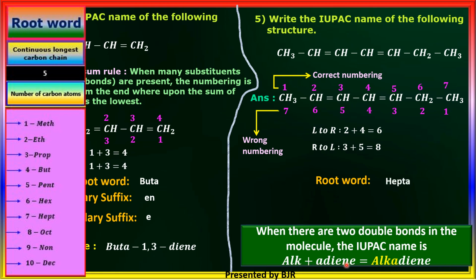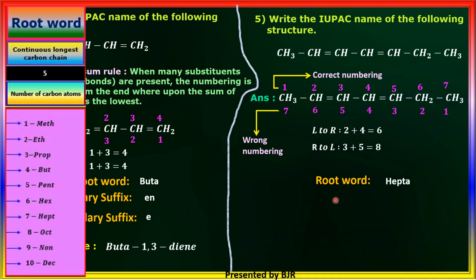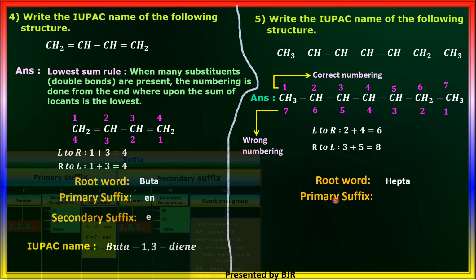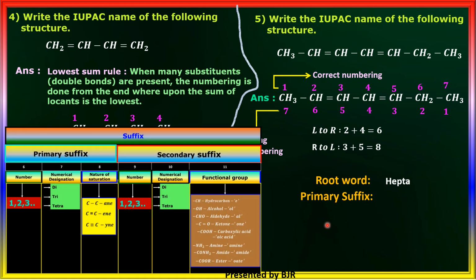Not alk, alka. So hepta, and the primary suffix: saturation is there, that is, the nature of saturation is a double bond, so the primary suffix is en, and the secondary suffix is e.